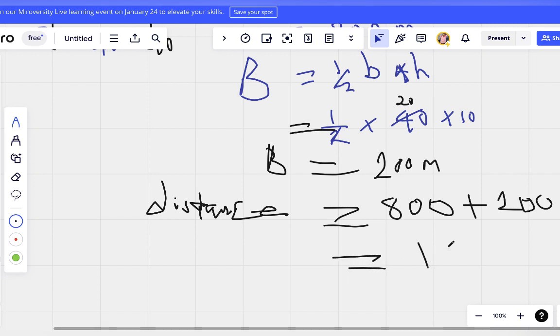So that's the distance that was traveled from 120 seconds to 160 seconds, or 1 kilometer.